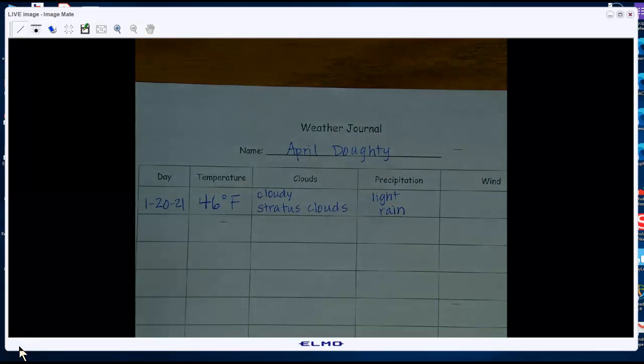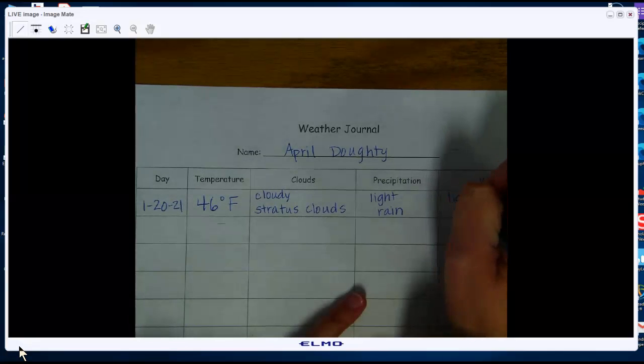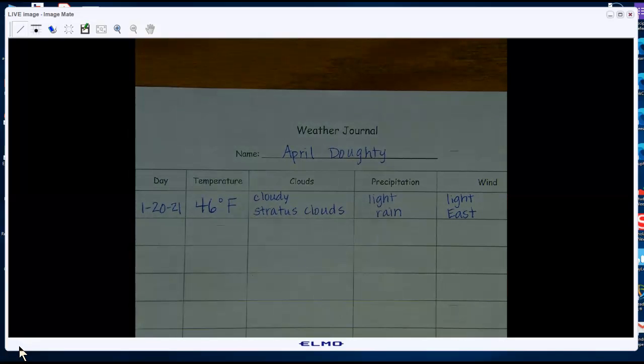Maybe if it rains some more overnight, tomorrow when we look, we'll be able to see some in our rain gauge. And then the wind, since Cooper's not here either, Gracie, you can tell me what you wrote for wind. Yes, it was just a light wind, and it was going toward the east. The windsock was pointing toward the east.